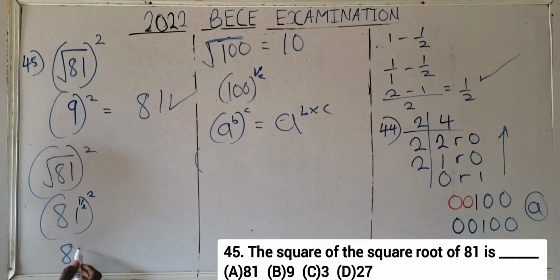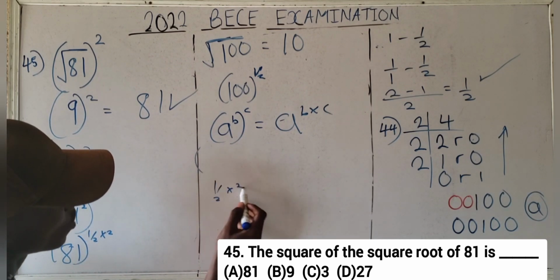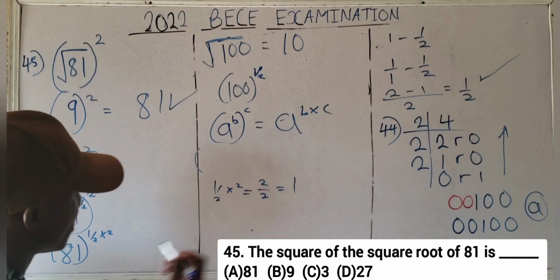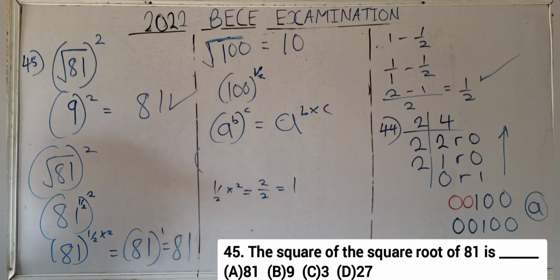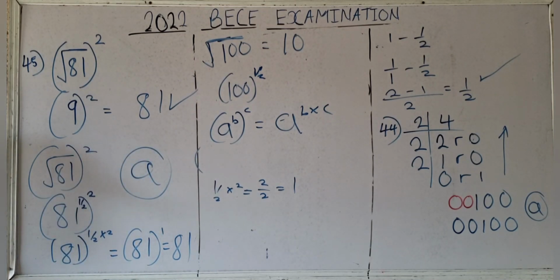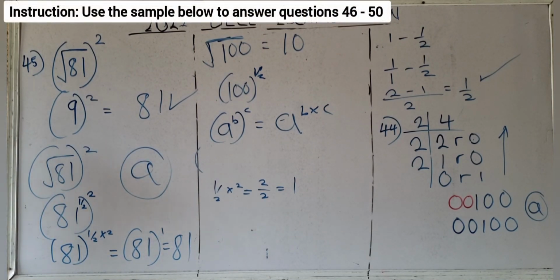So, 81 raised to the power of 1 over 2, all squared, can be written as 81 raised to the power of 1 over 2 times 2, you understand? And you know that 1 over 2 times 2 is what? 2 over 2. 2 over 2 is what? 1. So, there I'm going to have 81 raised to the power of 1. 81 raised to the power of 1 is 81. Do you understand now? So, the right option to that question is option A. You understand? So, option A is correct. I'm very sure you understand the question.